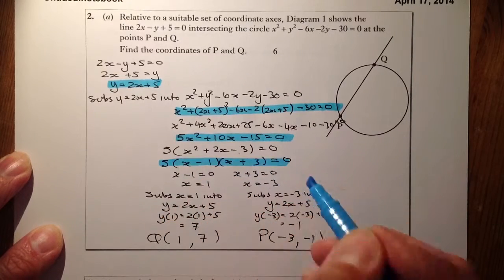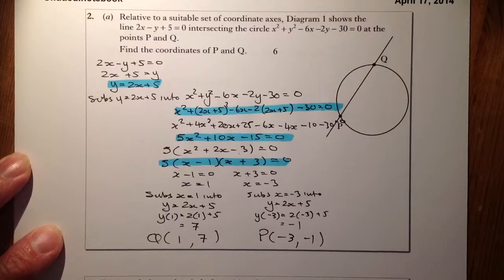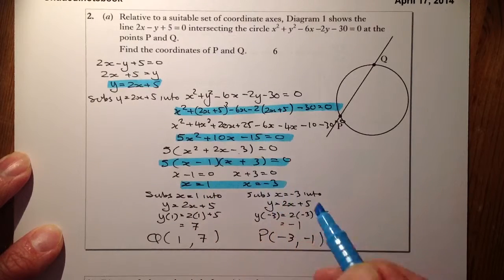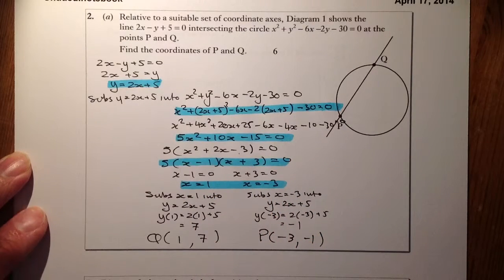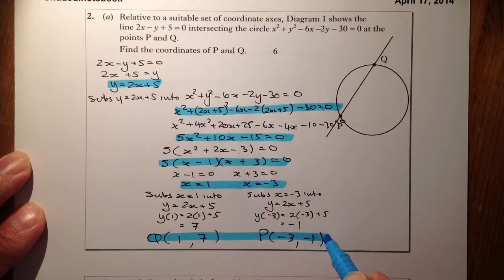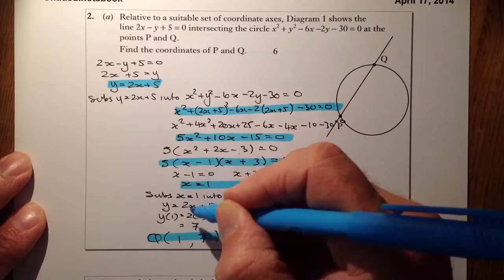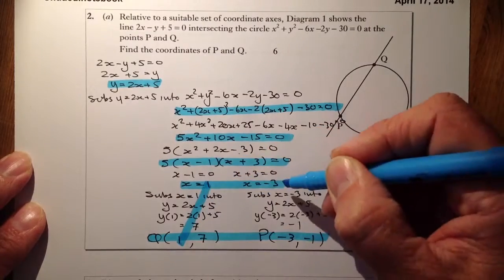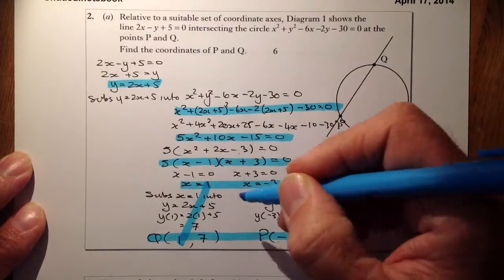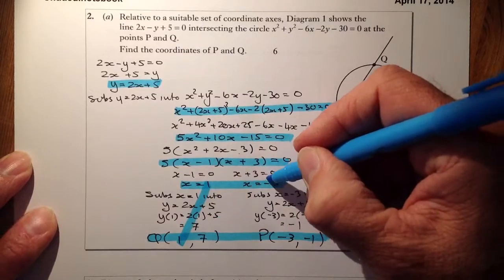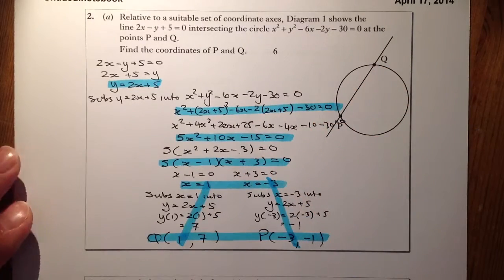One mark for factorising it out to there, and we'll get 1 mark for getting our x coordinates here. And finally, I would give 1 mark for getting the P and Q in the correct way round. Now these ones can also be marked in this direction here. If you get the 1, 7 correct, but you get the minus 3, minus 1 incorrect, you can mark it that way, or that way there. Okay, so that's 6 marks in total for part A.